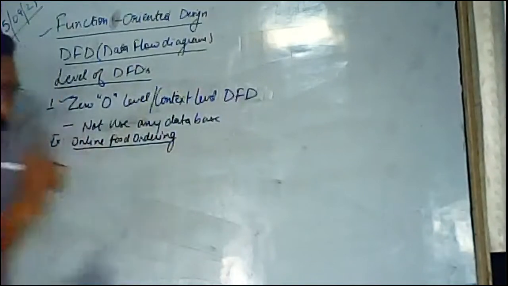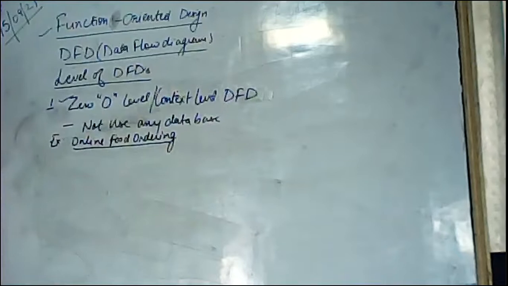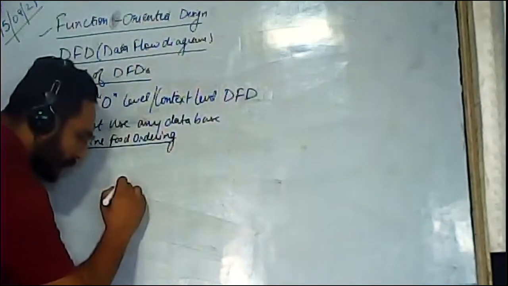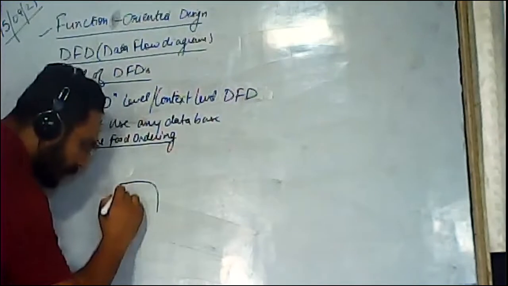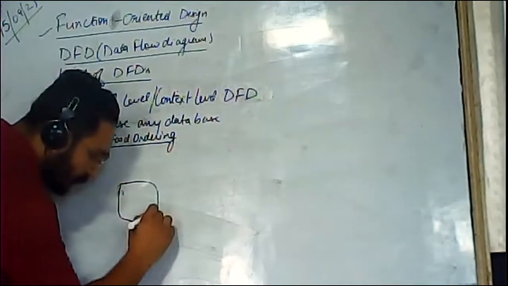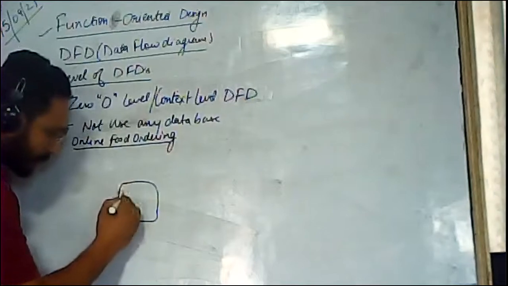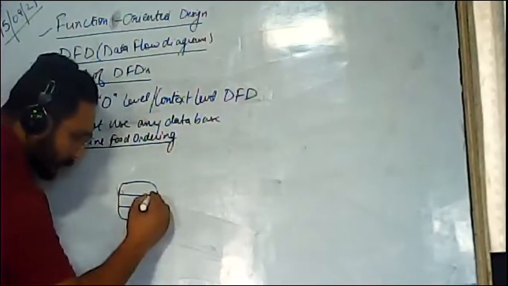First of all, there is only one process in the zero level DFD, and it can be in the circle form or an oval rectangle. This is the process.